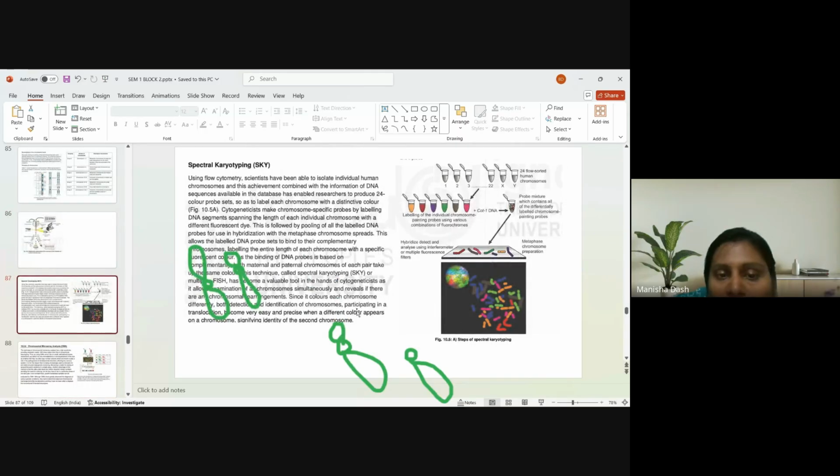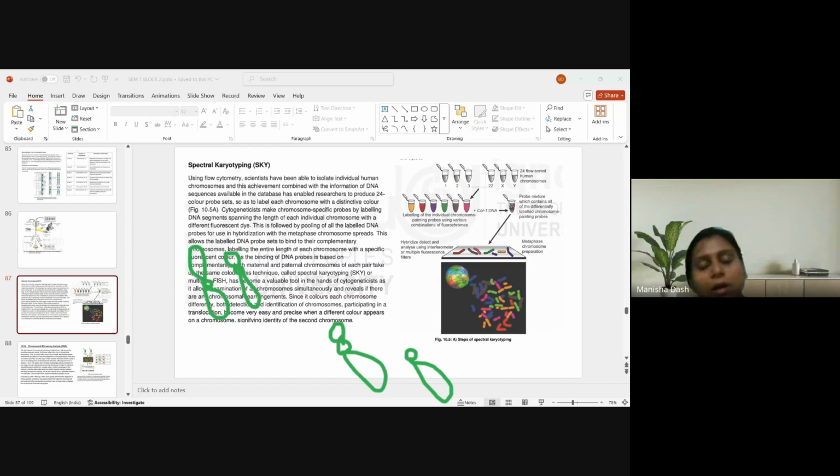Similarly, there are more advanced techniques like spectral karyotyping. This is an application of a technique called FISH, fluorescence in situ hybridization.